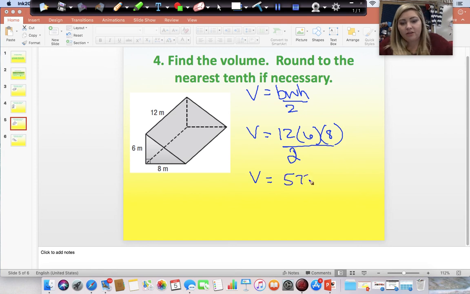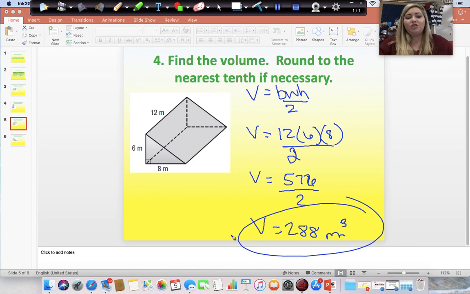So now we have 576 divided by 2, and we get 288. So our volume is 288 meters cubed.